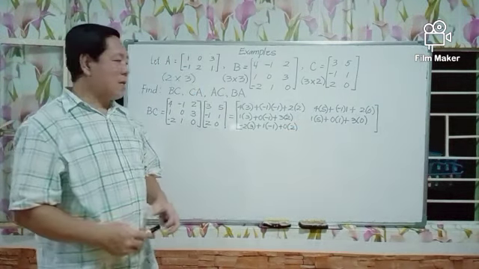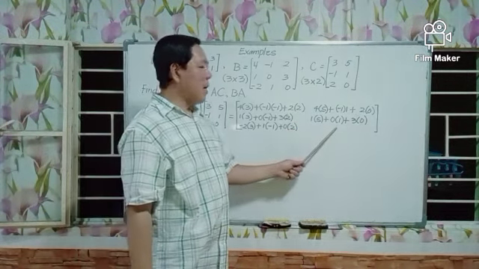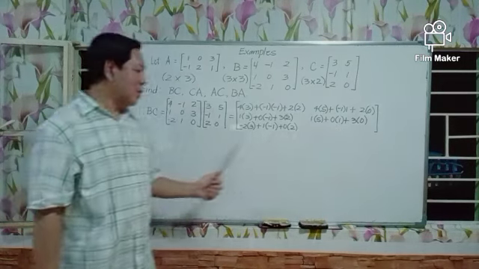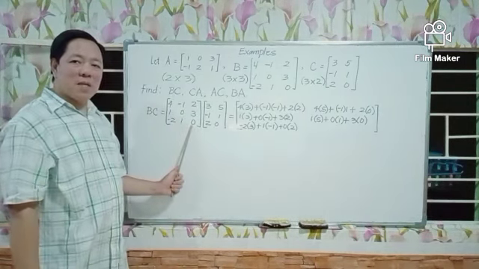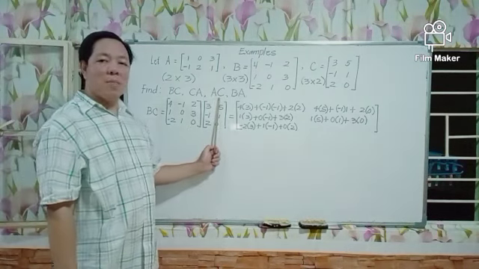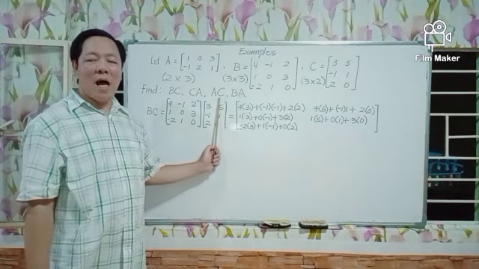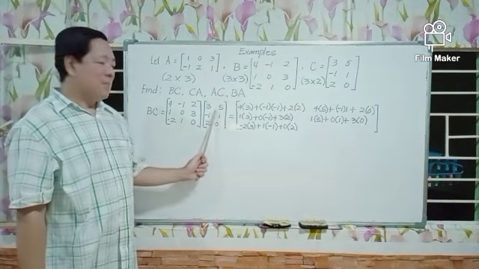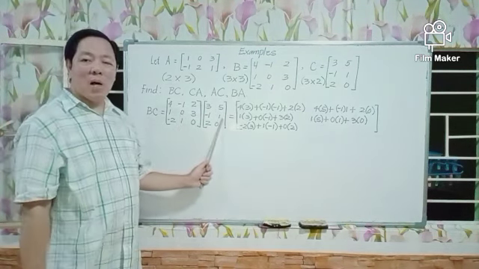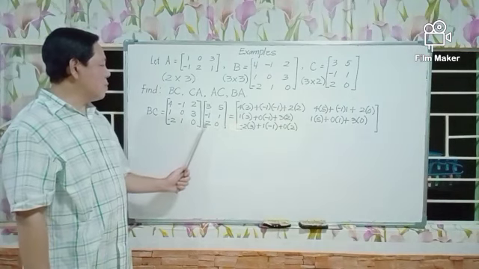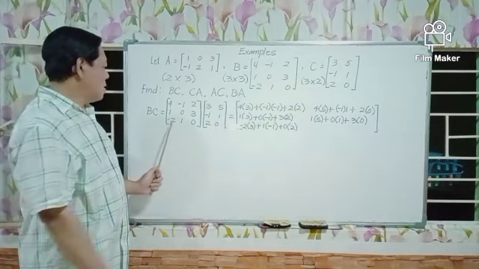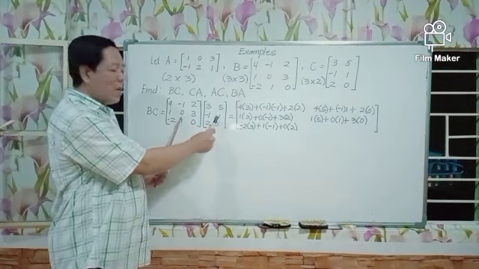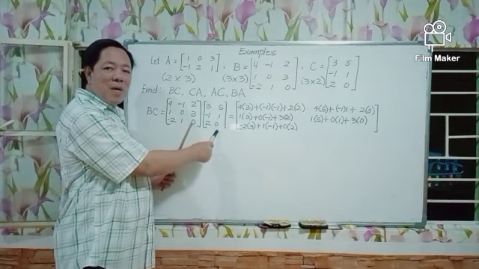And the last entry, in the third row and second column, is obtained by multiplying the entries of the third row of the first matrix by the second column of the second matrix and adding the products. Negative 2 multiplied by 5 plus 1 multiplied by 1 plus 0 multiplied by 0.